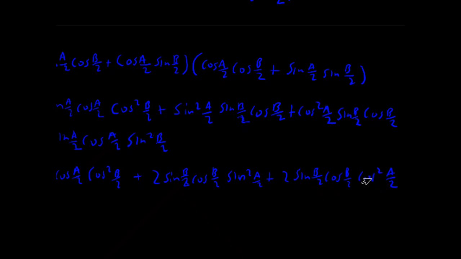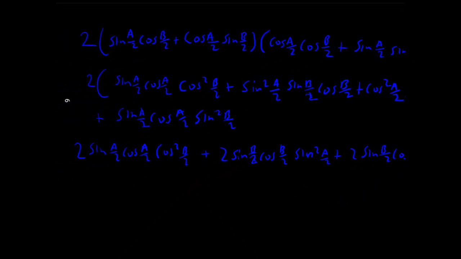Okay, let me try and write it a little bit better. Okay, great. So now we have to multiply also the last term. So I just distributed the 2 in the bracket. So then here we've got 2 sine a over 2 cos a over 2, and then this is sine squared b over 2.